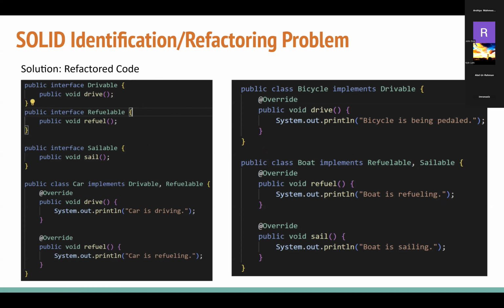And then LSP is no longer violated because for each object, you implement only the interfaces that have valid implementations for that class, if that makes sense.